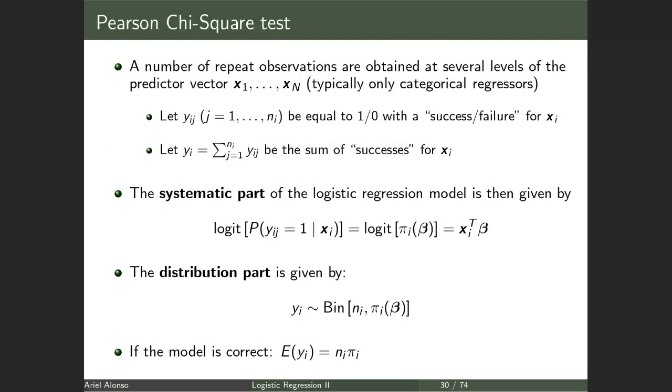Now, here, suppose that you have replicated observations at every level of the covariates. So this is your vector of covariates. You may have there gender, race, you name it. Now, for every value of that covariate vector, you have several Ys. You have repeated data.